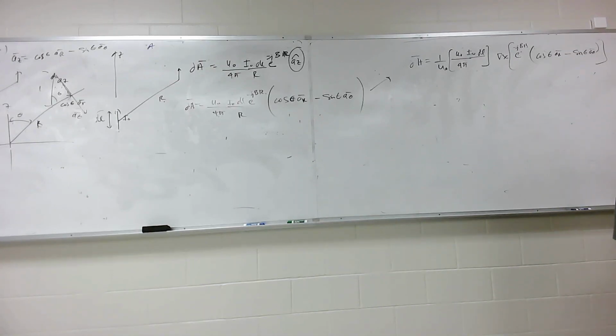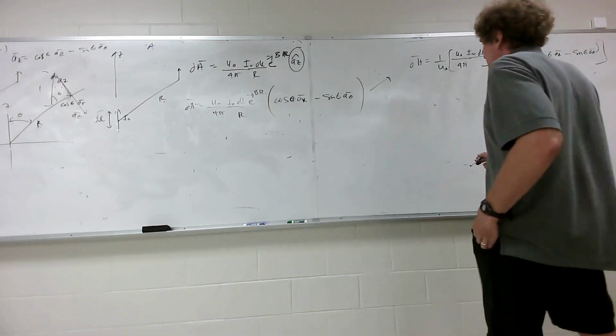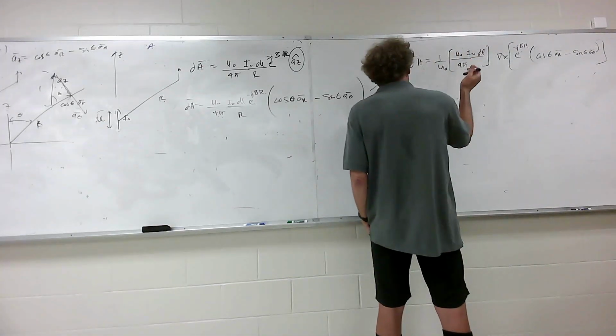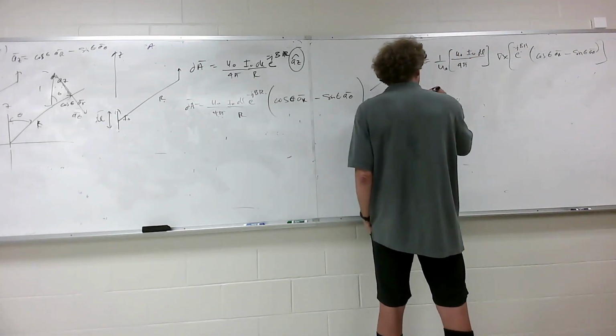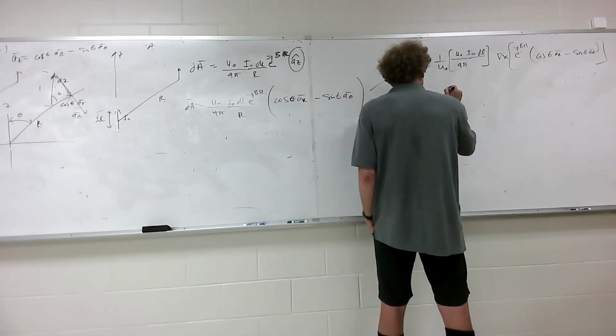The actual value, the H field that you get, is going to be in equation 8.49. So what actually happens is, if you do this differential H field, you're going to come up with something that's going to have differential H field itself.